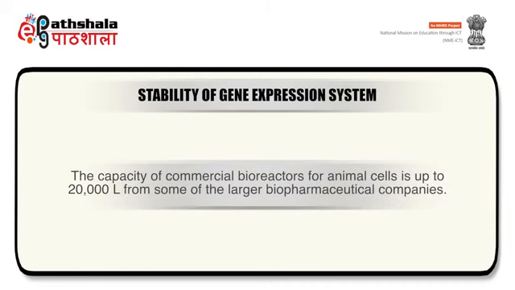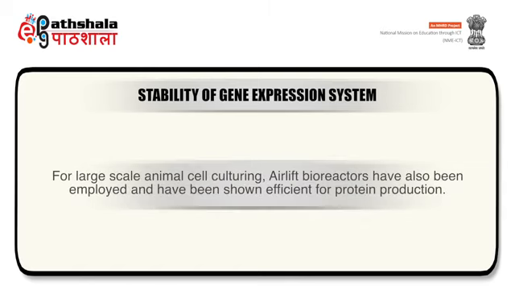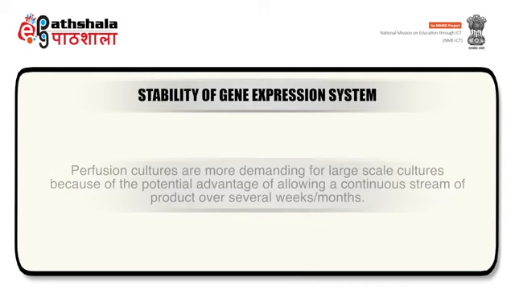The capacity of commercial bioreactors for animal cells is up to 20,000 liters in some of the larger biopharmaceutical companies. For large-scale animal cell culturing, airlift bioreactors have also been employed and have been shown to be efficient for protein production. Perfusion cultures are more demanding for large-scale cultures, but have the potential advantage of allowing a continuous stream of product over several weeks or months.